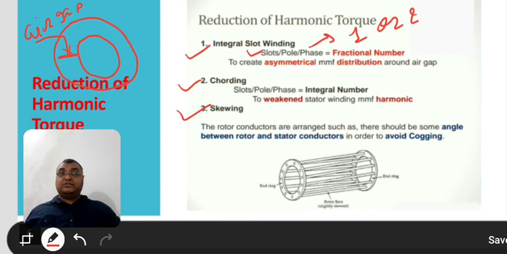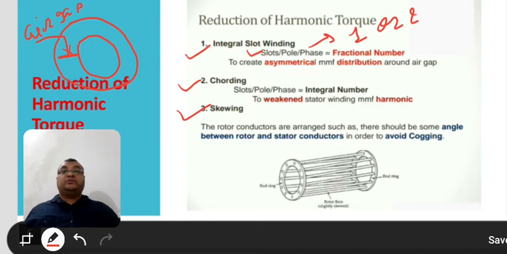It can be taken as 3 or 5, a general value, which we consider as 4 slots per pole per phase. In some numericals, we consider the slots per pole per phase to be equal to 3 or 5.